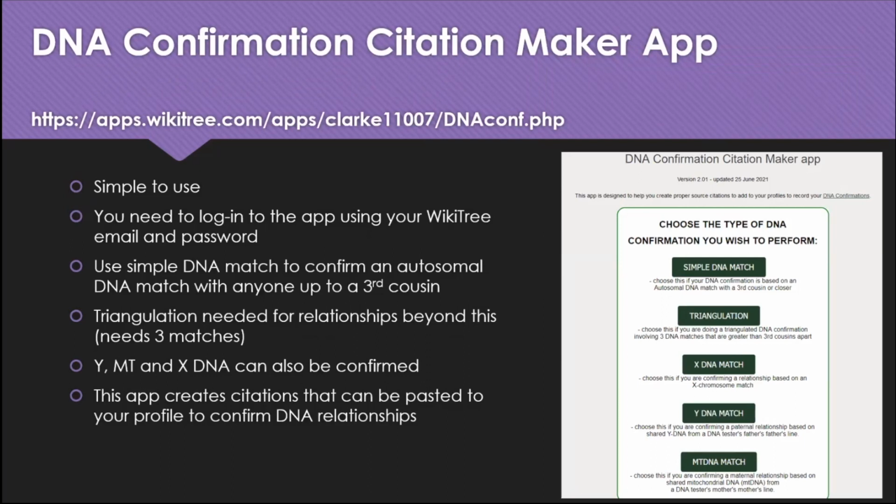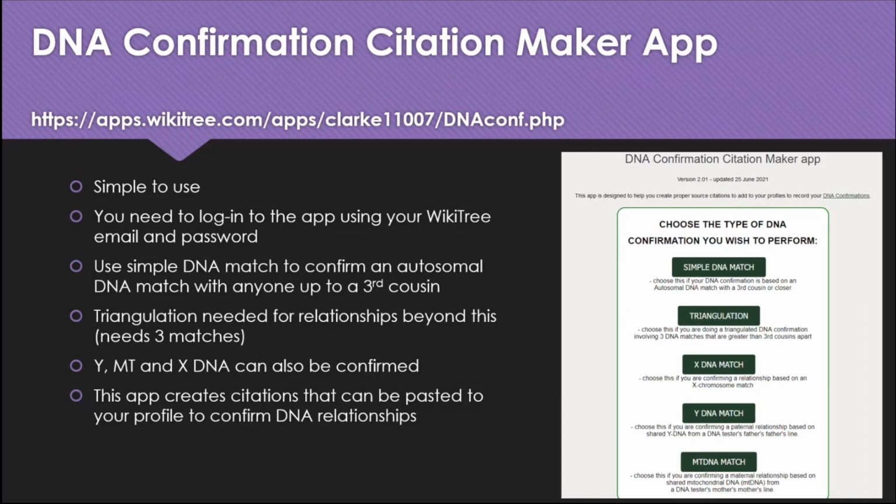So what they call a simple DNA match is someone who you are related to within a third cousin level. And what you can do is put in their information and your information, and then you can post this onto various profile pages to prove that everyone is related just as you think they should be. If those DNA matches are out beyond third cousin, then it gets slightly trickier.